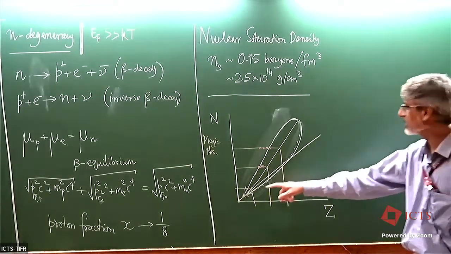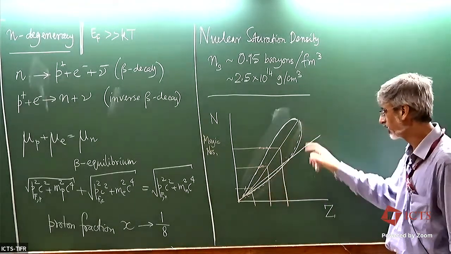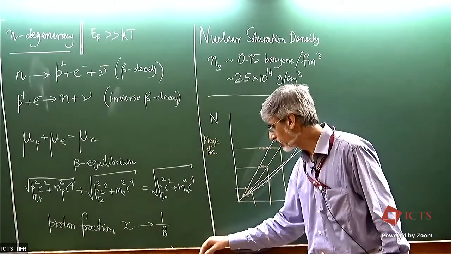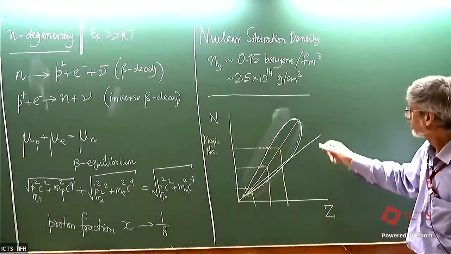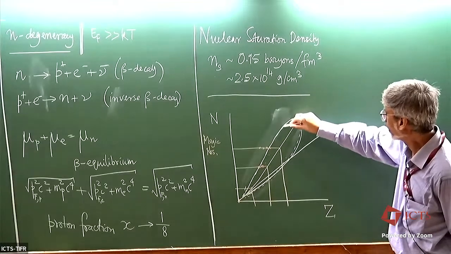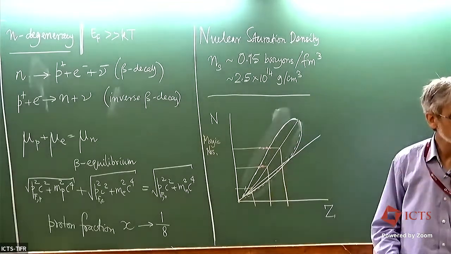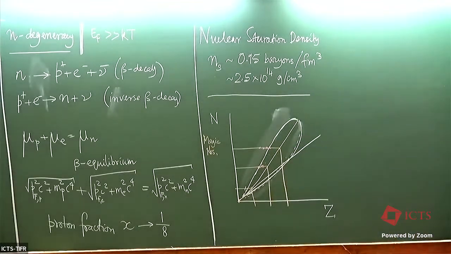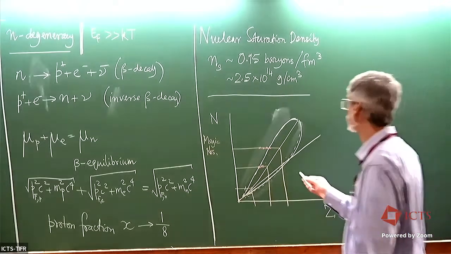Now I have drawn this stability line, and to the left of this stability line, if you pack more neutrons in a nucleus, the nucleus cannot hold them. So this is called the neutron drip line.